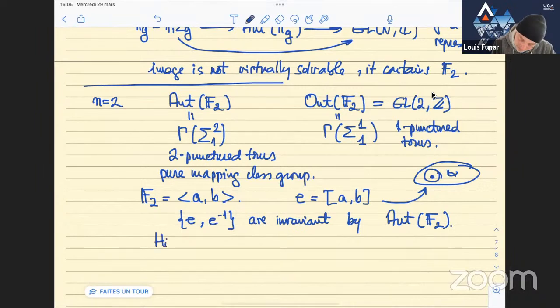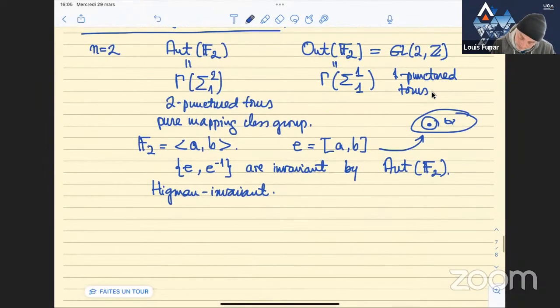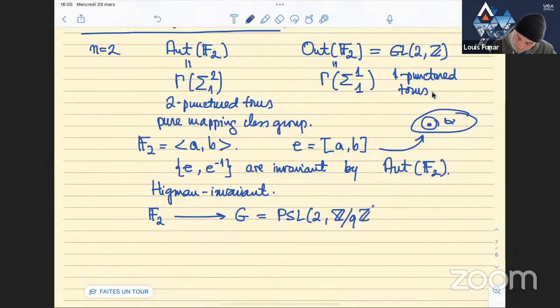Actually, it has a name, that's the so-called Higman invariant. And if I'm taking F2 into, let's say, G, in the simplest case PSL2 of Z over QZ, Q prime, then there is an invariant, and the invariant is essentially the class of the trace of the commutator of f of A and f of B, which belongs to Z over QZ.